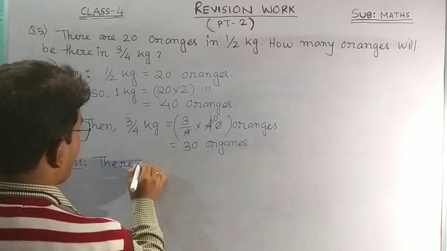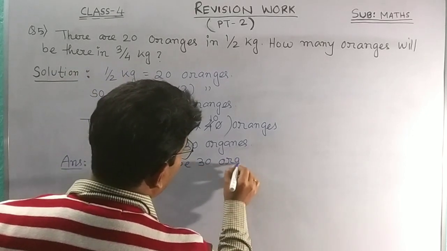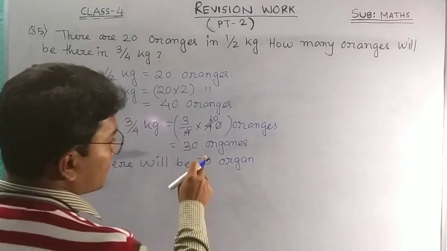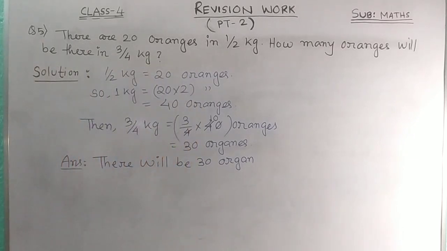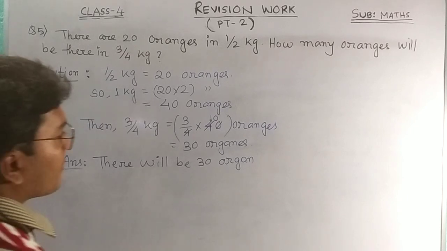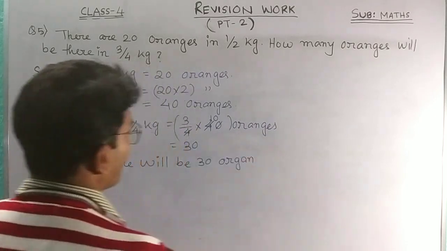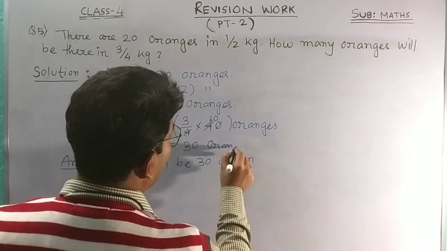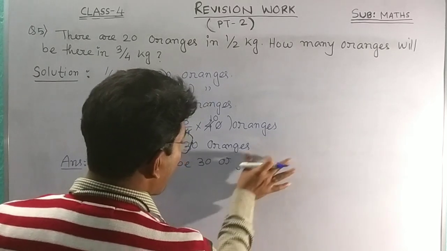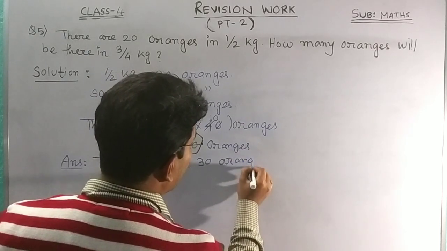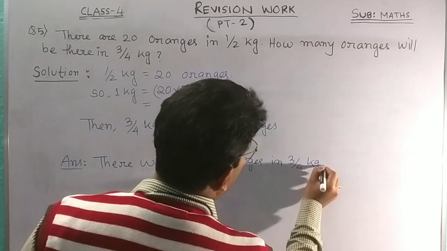So you can write there will be 30 oranges in 3 by 4 kg. Oh, the spelling will be wrong here. Oranges, O-R-A-N-G-E-S.